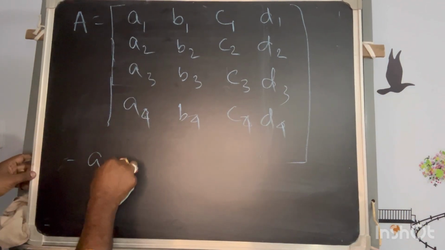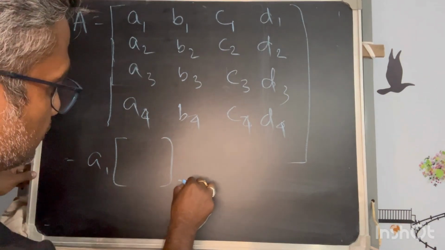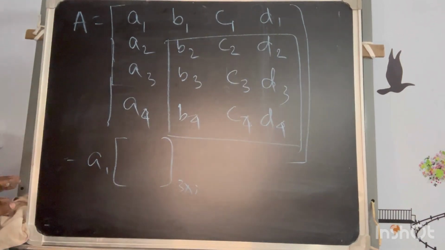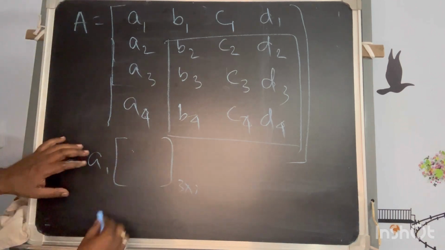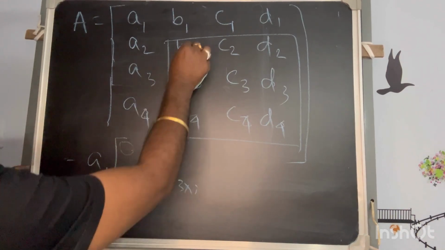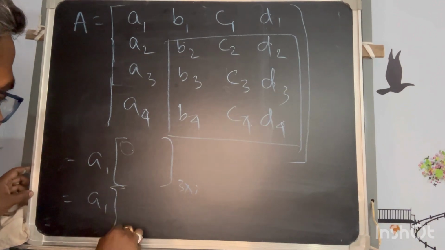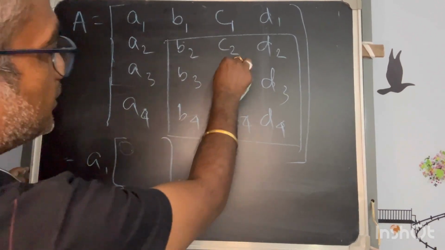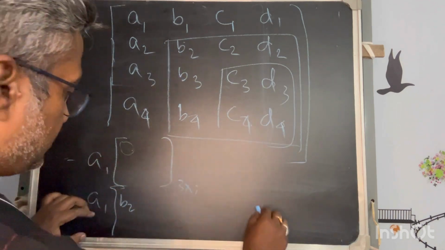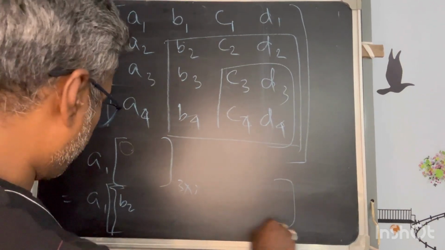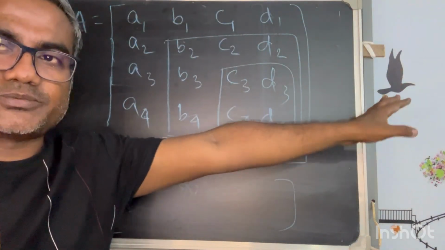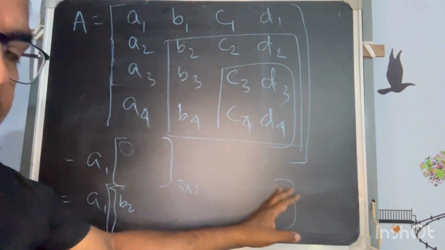For A1, a 3 cross 3 matrix form will come, because you consider this as the minor. You expand this, then further expand to the first right corner, that means B2, and its minor again. The whole cycle is completed in this bracket, then the bracket is closed for A1, and similarly B1, C1, D1 have to be expanded, and you will get the result.